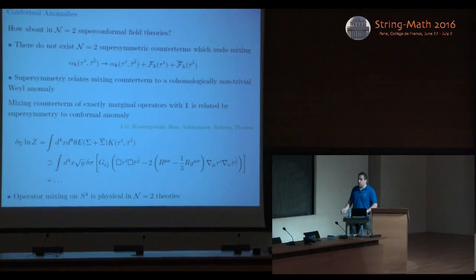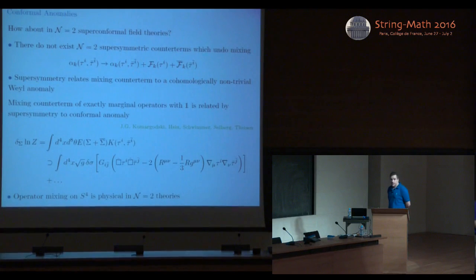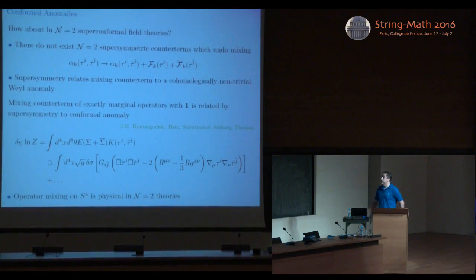And one thing that you can prove is that there are no N=2 supersymmetric counterterms that you can write down that could undo the mixing that we have just described. The only ambiguity that you can undo is an ambiguity in these mixing functions that appear here by holomorphic terms, the sum of a holomorphic and an anti-holomorphic term. Okay.